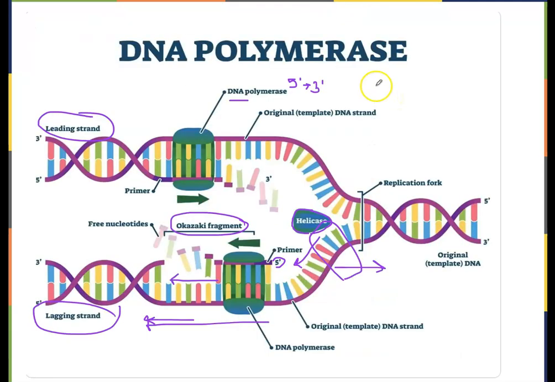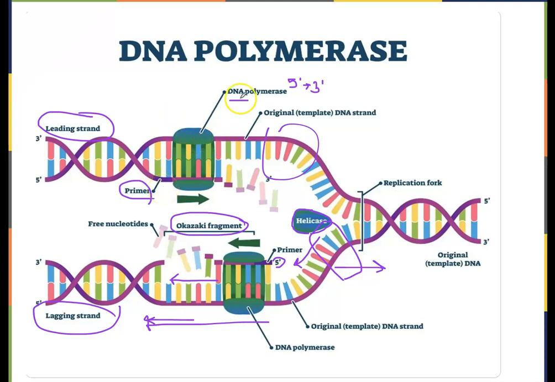Turns out that when you open DNA, this DNA polymerase cannot attach to a single strand. It has to have a double strand to attach to. It seems kind of fussy, but there's another enzyme that comes in and puts a tiny little double strand in so that the DNA polymerase can attach to it.